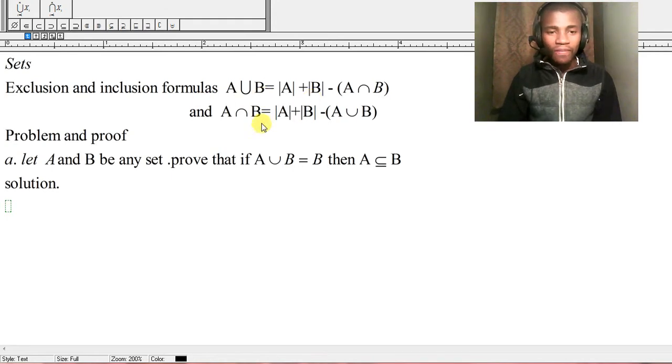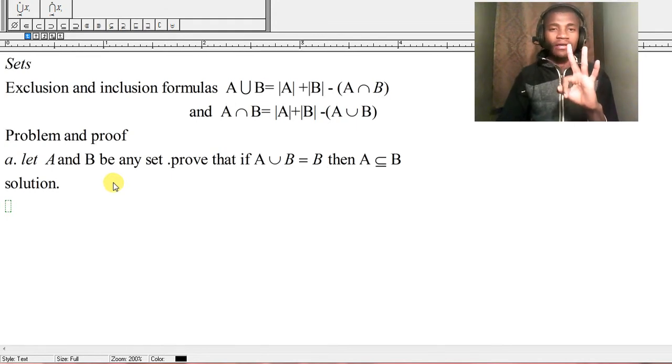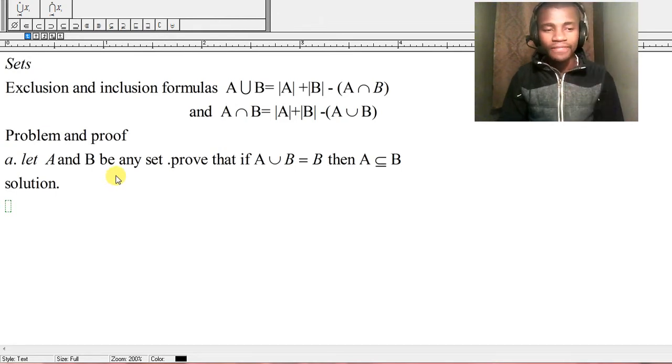But for now, these formulas are valid for the problems that I just received. I'll also try to discuss all the other necessary information that we need when it comes to sets. So today I'll discuss three questions that I got from my viewers.